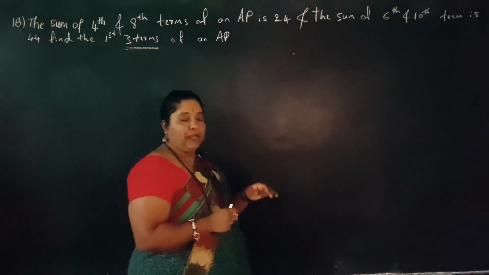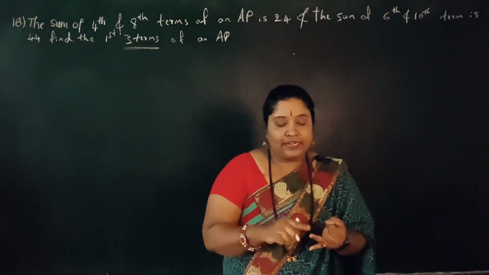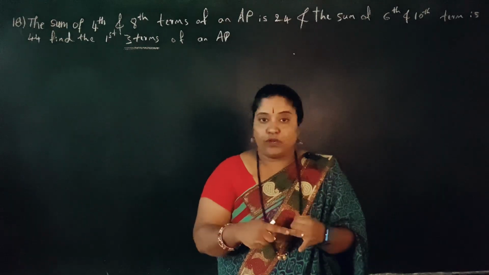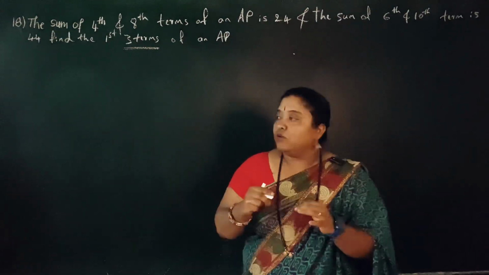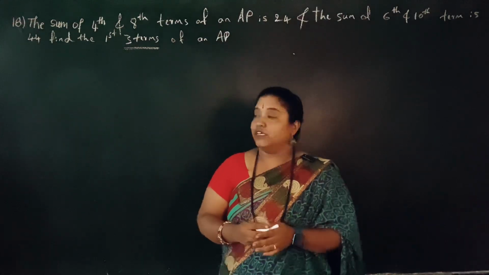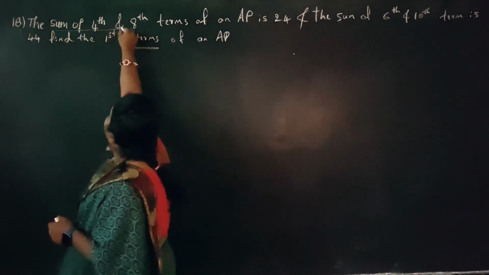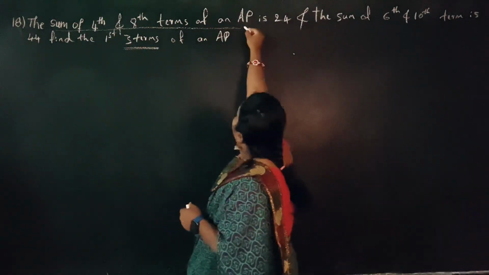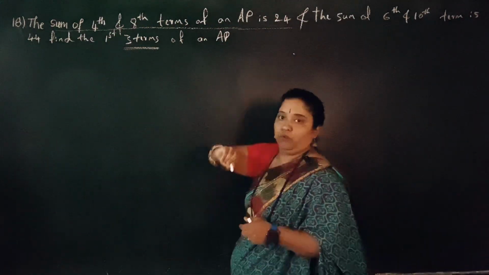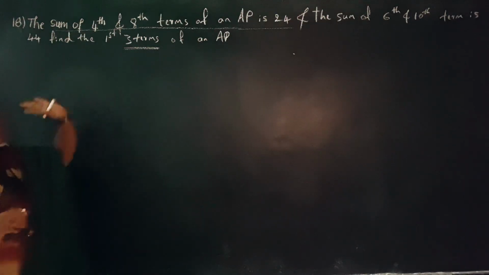To find them, I should have A and D values, you know that. To have A and D values, I should have any 2 equations, understanding? So what are the hints provided to get the 2 equations? That is the important thing to me. Just look at the board. What they have given: sum of 4th and 8th terms of an AP is 24. Understanding? Sum of 4th and 8th term.